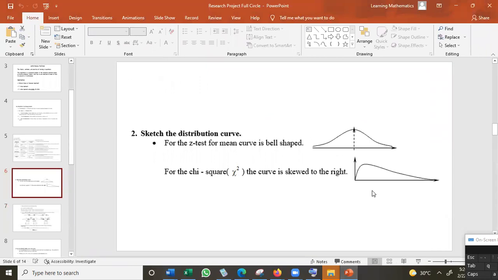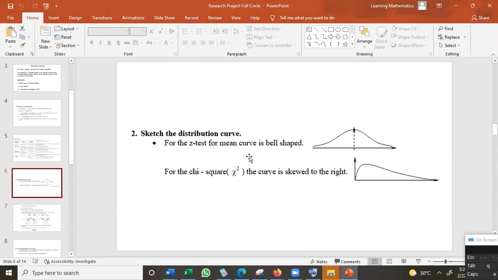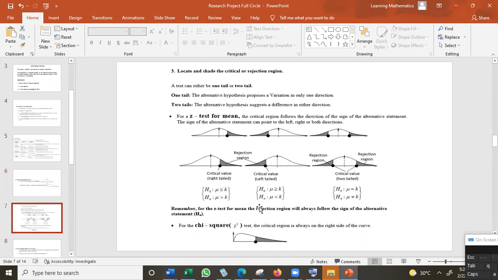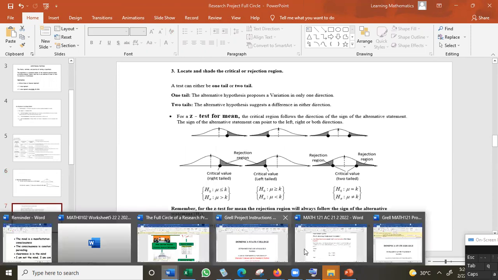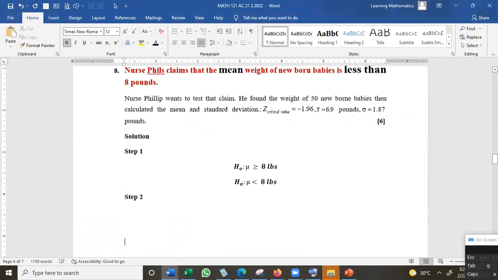And step number 3, we have to shade the critical region. So let's do step number 2 and 3 one time: the curve and critical region. The curve will be a normal curve because we're talking about the z-test, and the critical region will follow the sign of the alternative. It will be a left tail. So you want a normal curve with a left tail because the alternative is pointing towards the left.